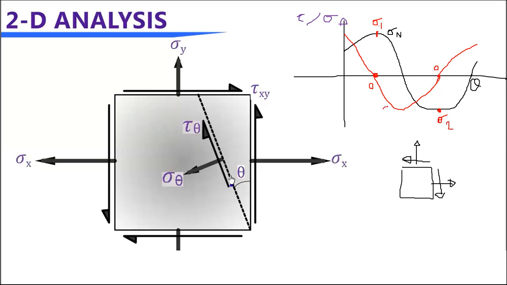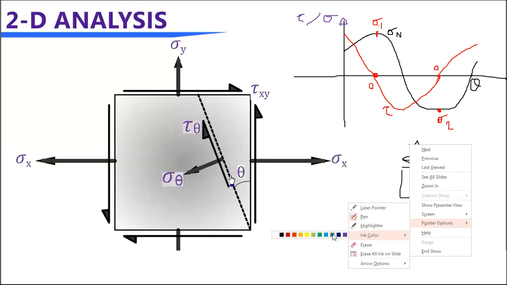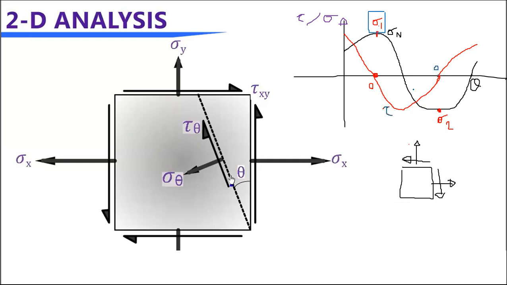This is the shear stress graph, and the one I'm boxing are the normal stresses. So if this element is rotated like this with theta, your stress varies. At this angle, your sigma 1 is maximum and shear stress is 0.